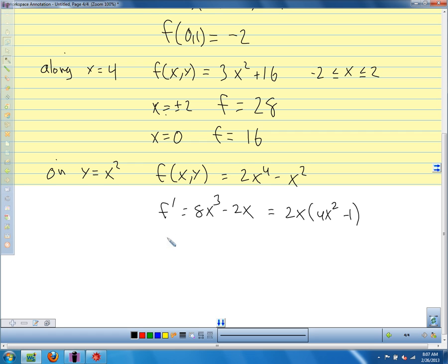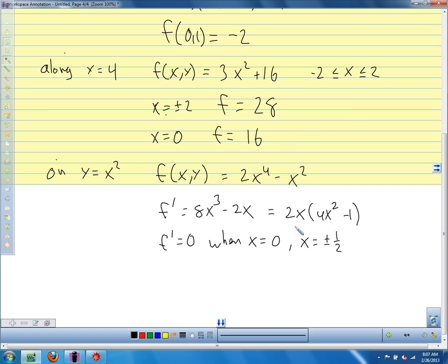So f prime equals 0 when x equals 0 and when x equals plus or minus 1/2. So doing the first derivative test on this boundary, I get that f prime equals 0 when x equals 0 and x equals plus or minus 1/2. And then I'm just going to test those points to come up with a function value.